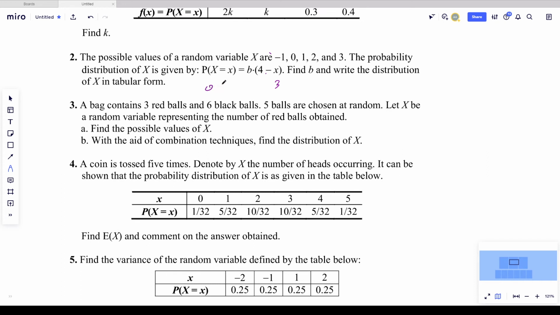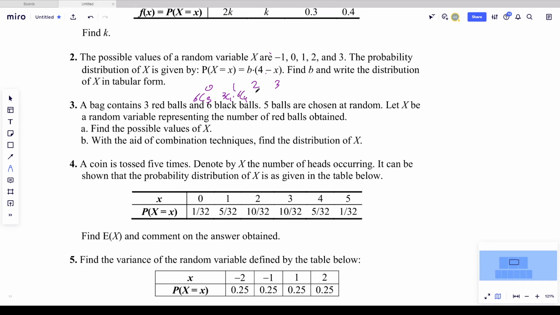So you can go 0, 1, 2, 0, 1, 2, 3. And just put the probability under. For 0, which means 0 red balls, all are from black, so 6C5. The next one is 1 red ball, so 3C1 times 6C4.